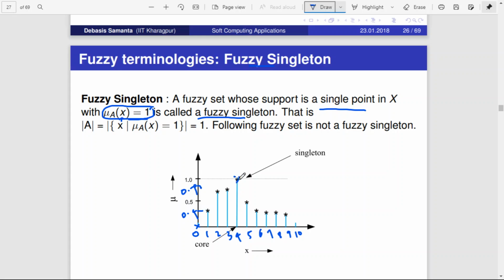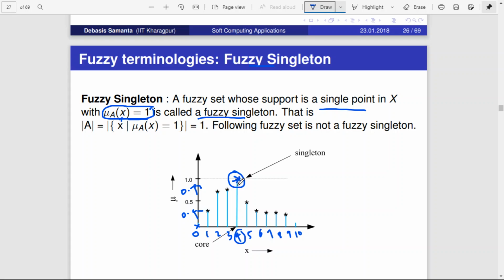For 4 alone it gives 1. There is no other value of x for which the membership function results in 1. For 5 it is 0.5, for 6 it is 0.4, for 7 0.3, for 8 0.3, for 9 0.2, for 10 0.1. So there is only one point of x which, when applied to the membership function, results in 1.